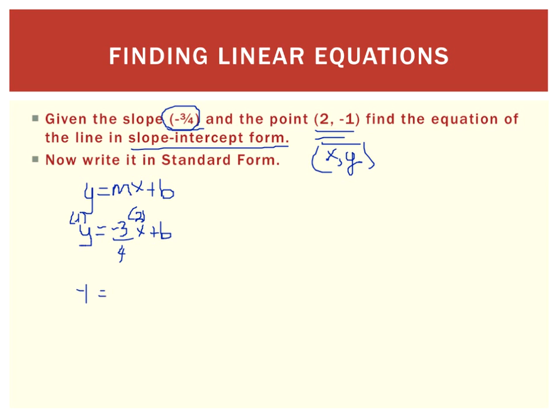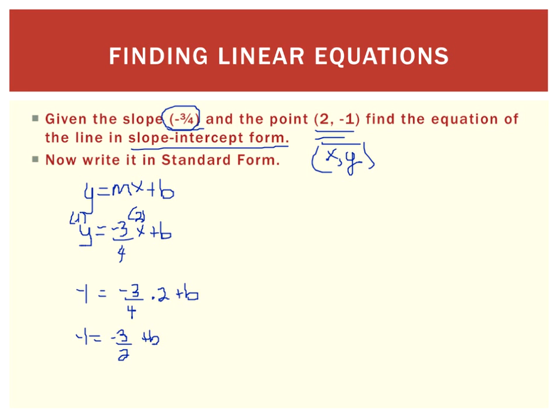So I'll have negative 1 equals negative 3/4 times 2 plus b. Okay, and now we'll be able to find our b value. Okay, so a negative 1 equals negative 3/4 times 2. Well, a negative 3/4 times 2 is going to be actually a negative 3/2 plus b.